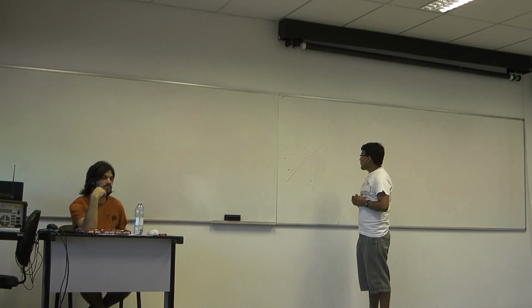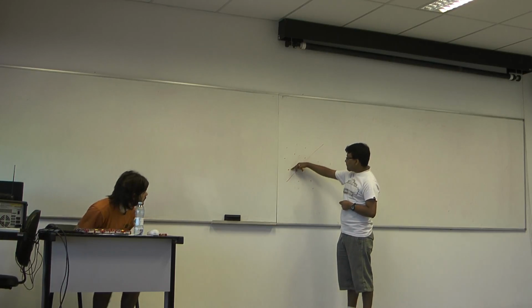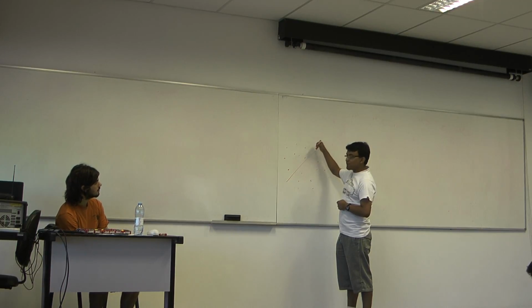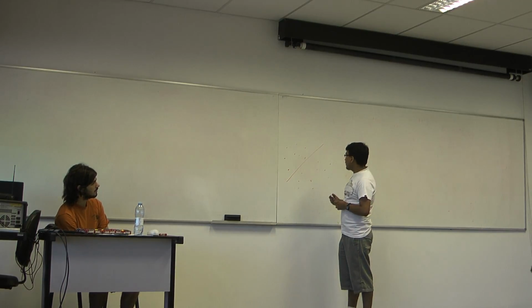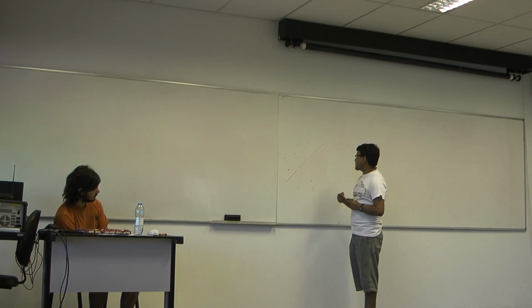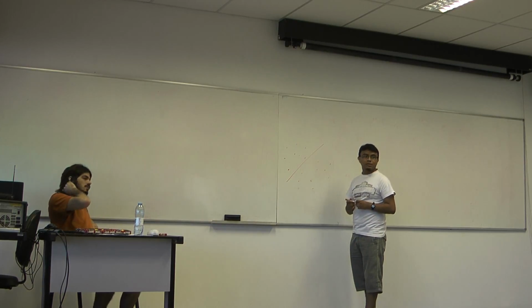So we have the same sum of distances and the same number of points on each side, so the average distance has to be the same.